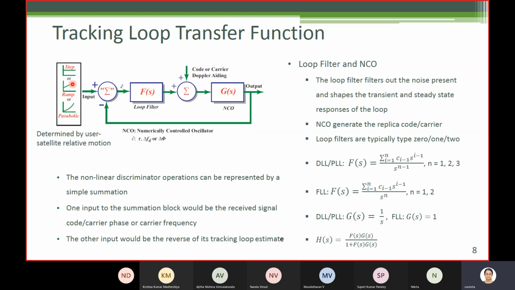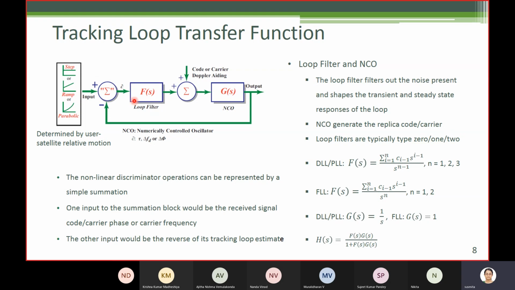Generally we get step and ramp because satellites are far away, but parabolic is also possible. And for some complex dynamics, we can get a combination of these or some other profiles. But generally, it is one of the three, whether you consider code phase or Doppler or carrier phase. Typically within the first two. And with the help of a tracking loop, we need to track this.